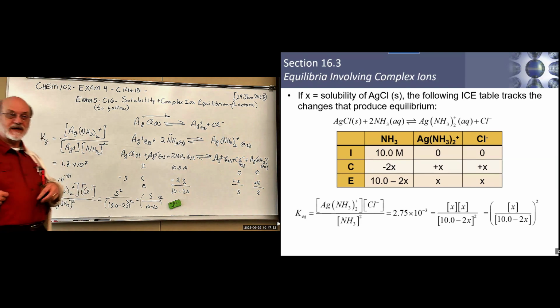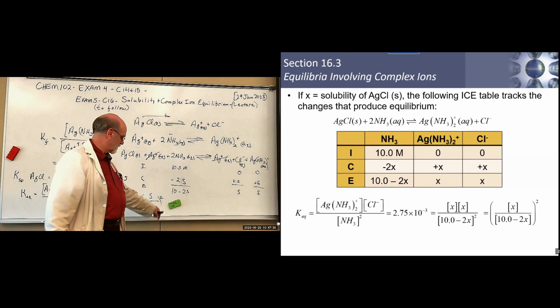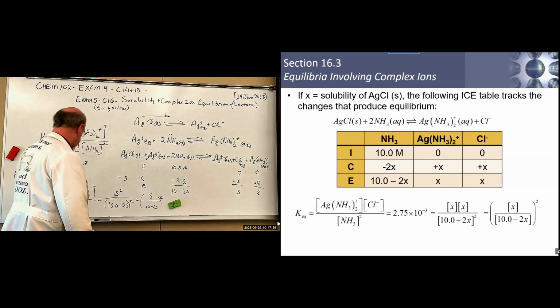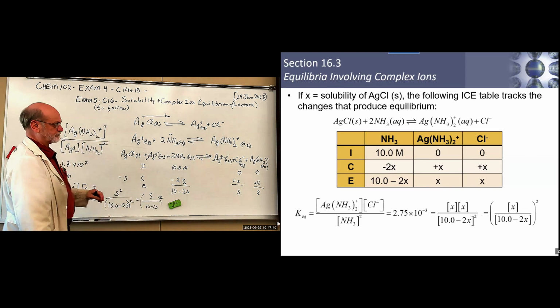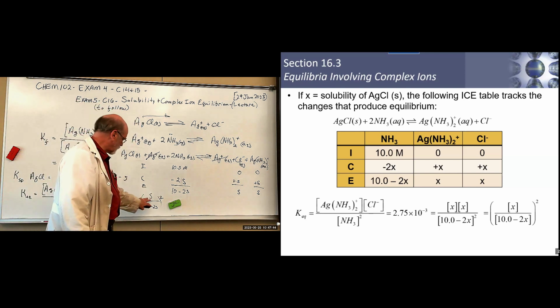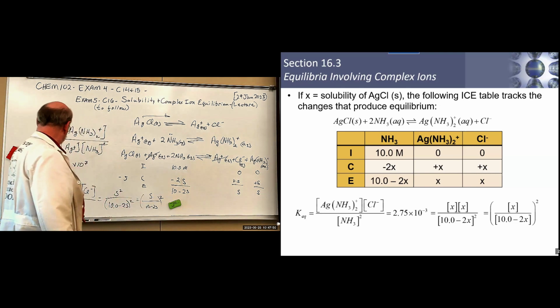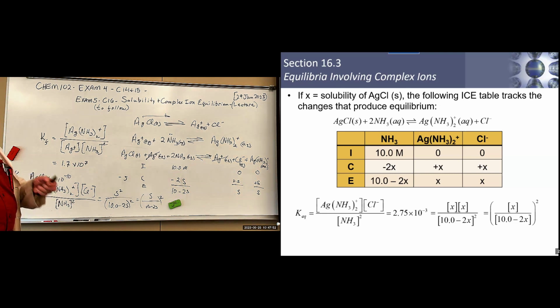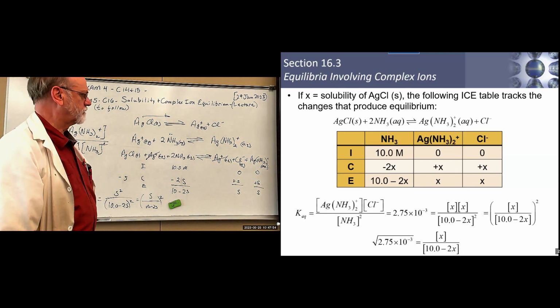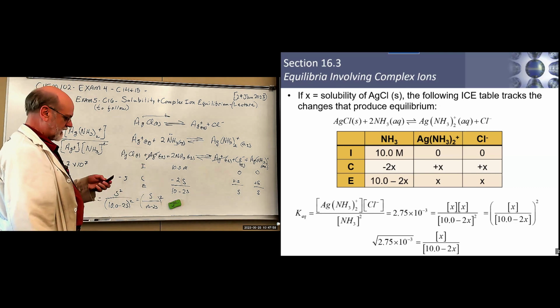So we don't have to make the assumption that 2S is going to be small, because all we have to do now is square root both sides. Square root of this would be that expression divided by that expression, and then the square root of the K. So I think that's what we do next. Here we go. We take the square root of both sides, and that's what we get.